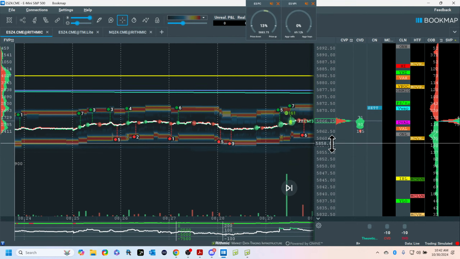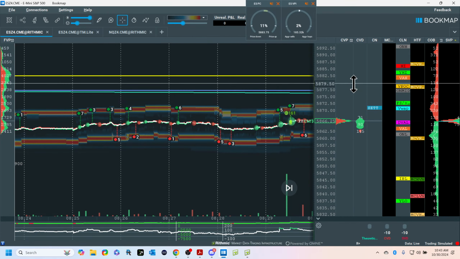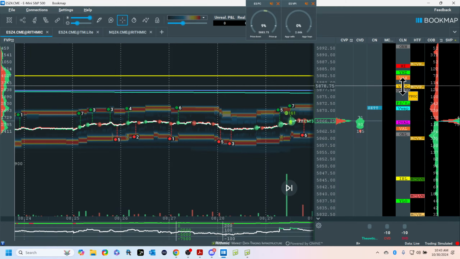Getting to the overnight mid has an 83% probability. Getting to the ETH overnight volume point of control, which is right under yesterday's high, just follow the yellow brick road. 83% probability. And remember, 85% probability to take out the previous day's high or low. We failed to do it here. That puts yesterday's high on the hit parade.